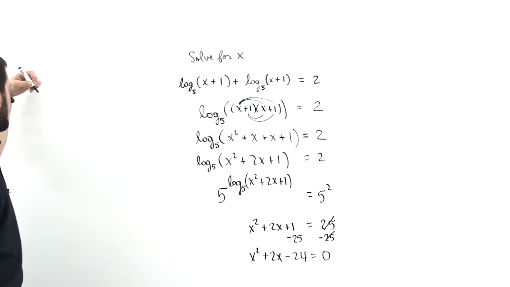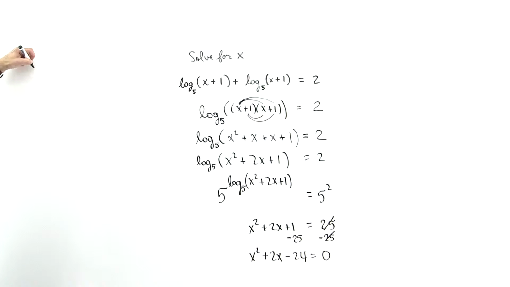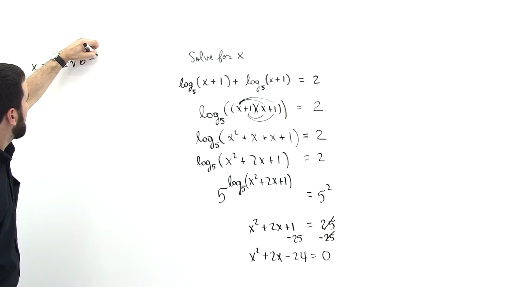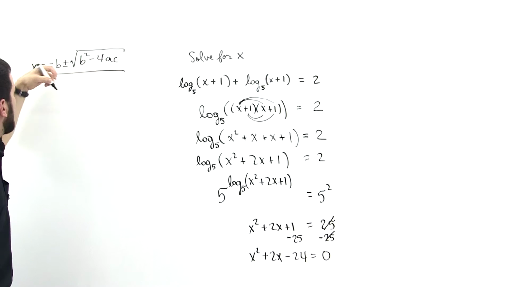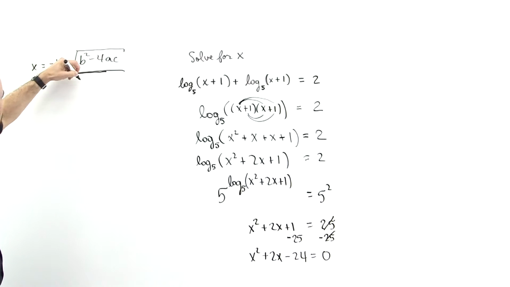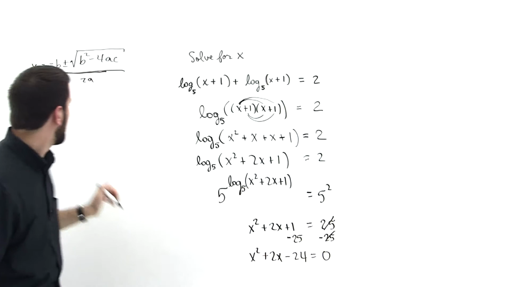I'm going to step out to the side here, and we write down the quadratic formula. x is equal to negative b plus or minus the square root of b squared minus 4ac, divided by 2a. Okay, so we have negative b. b is 2.